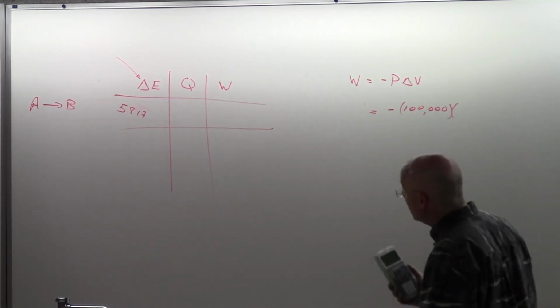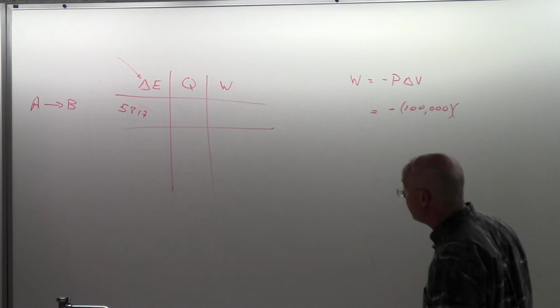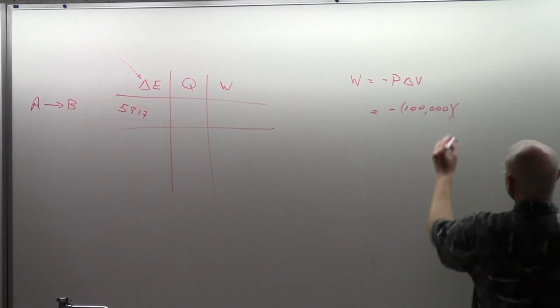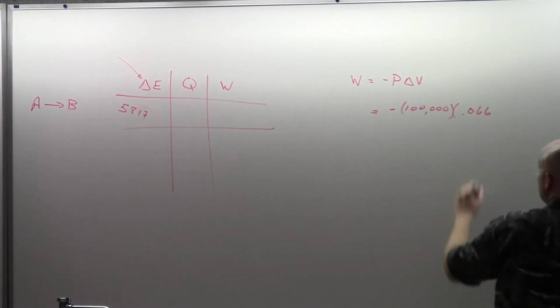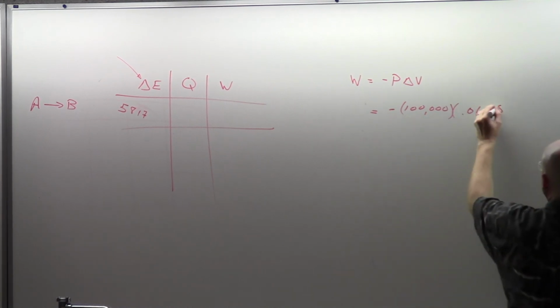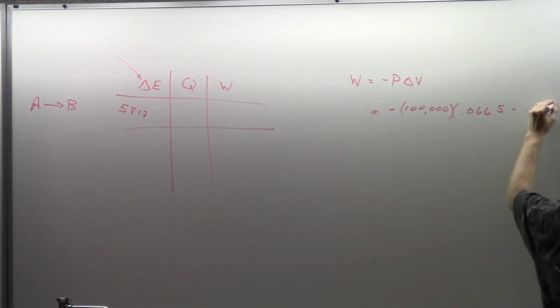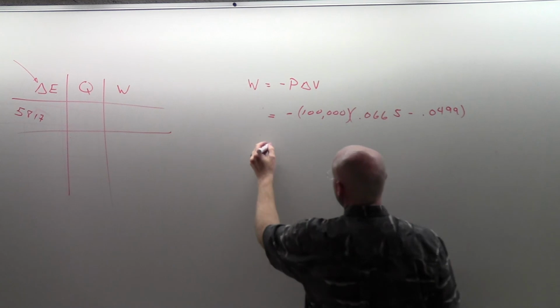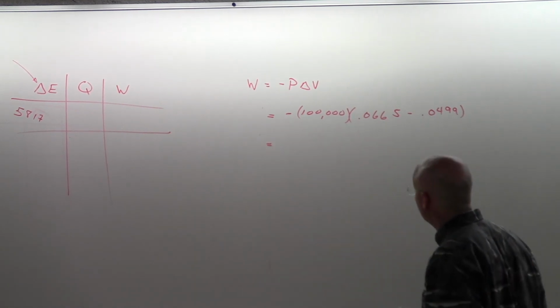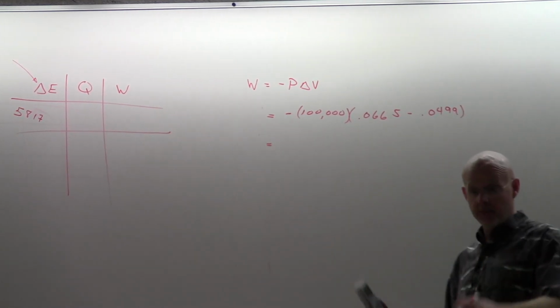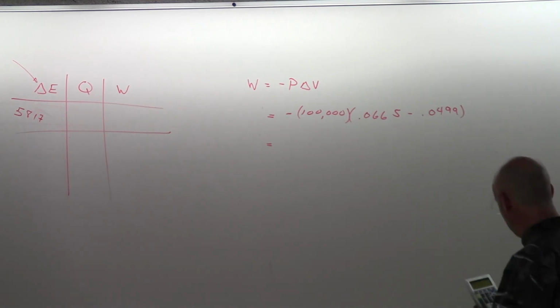The final volume is 0.0665 minus 0.0499. And again, a negative number, since the gas is getting bigger, it's doing a negative on the environment here.